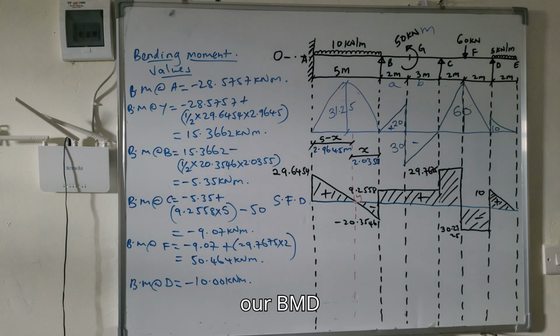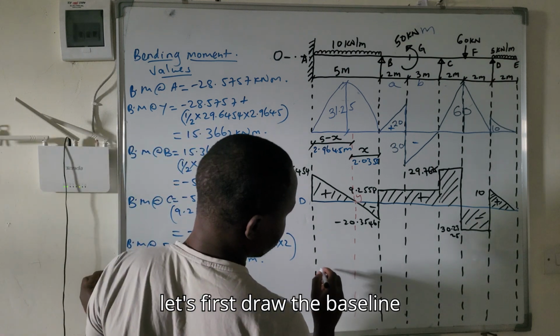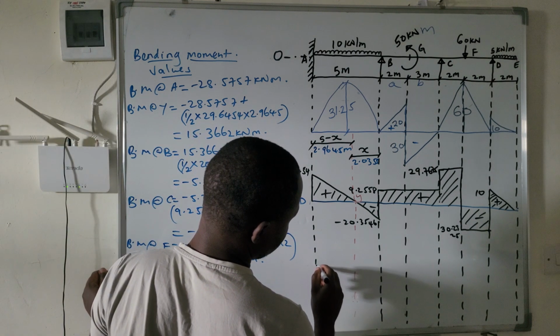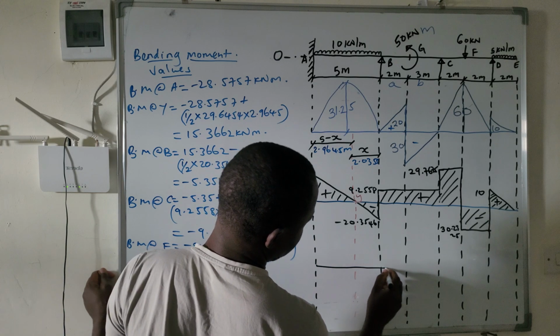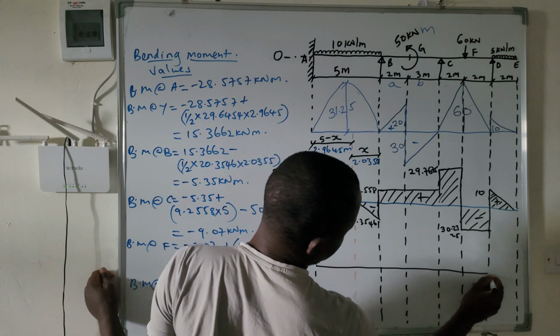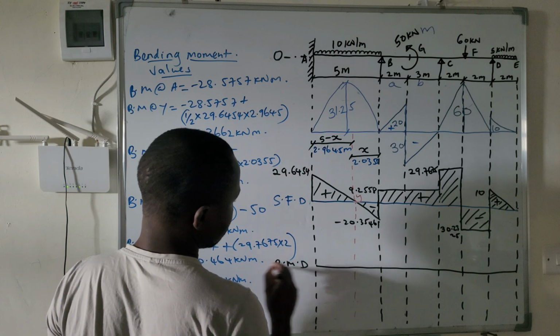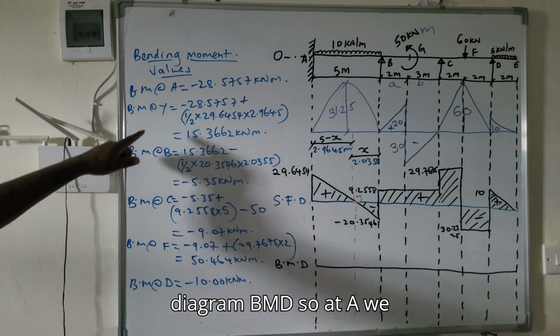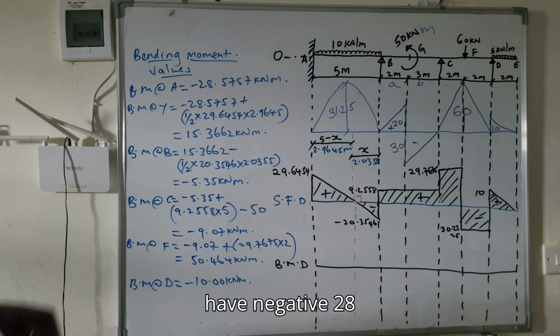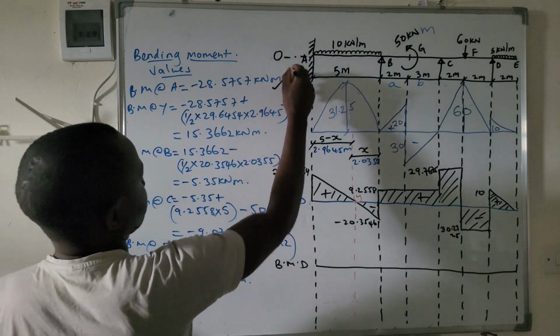Let's draw our BMD, bending moment diagram. So at A, let's first draw the baseline. So bending moment diagram, BMD. So at A, we have negative 28.5757.